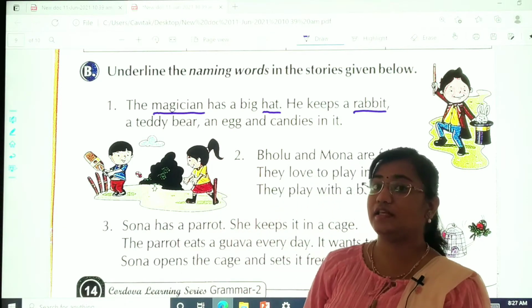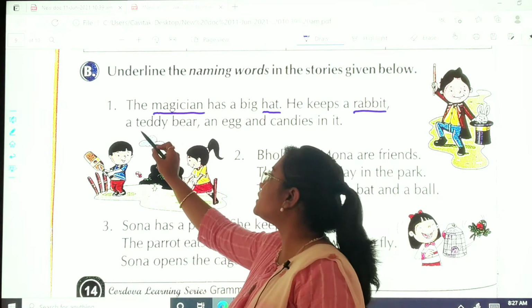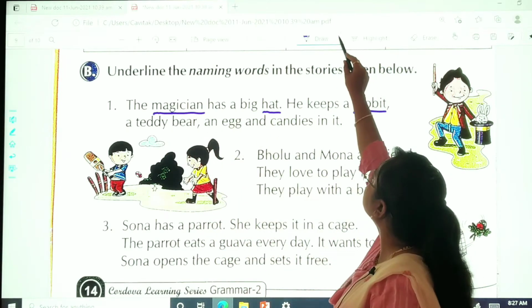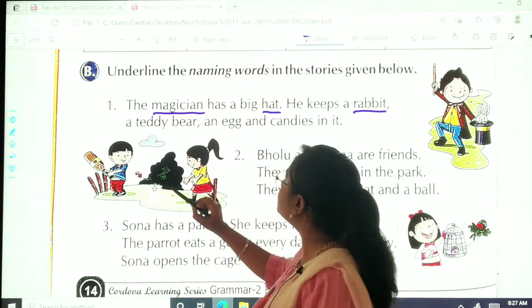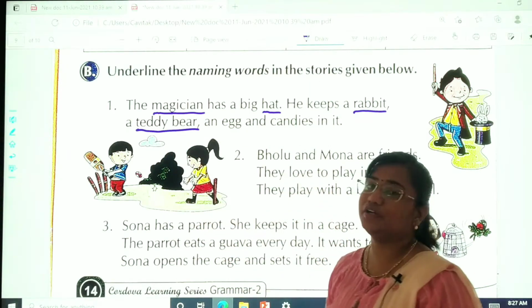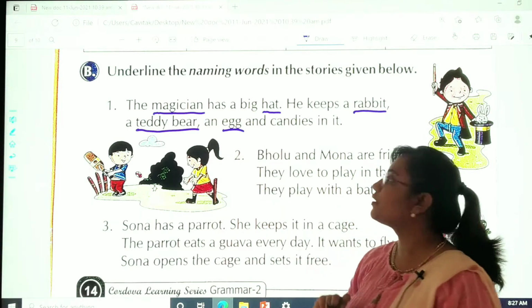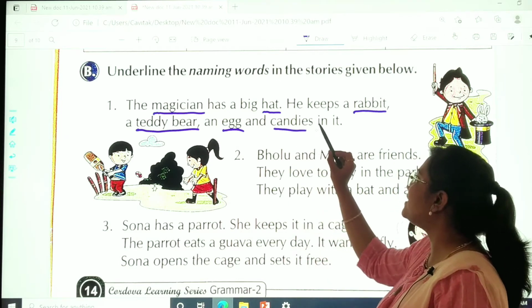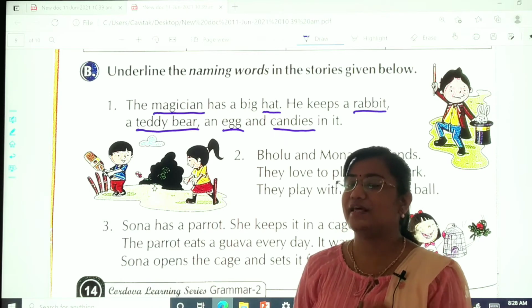Teddy bear is a name of a thing, right? So, let us underline teddy bear over here. Good. Then an egg. And last one, candies. These are the naming words of things, right?